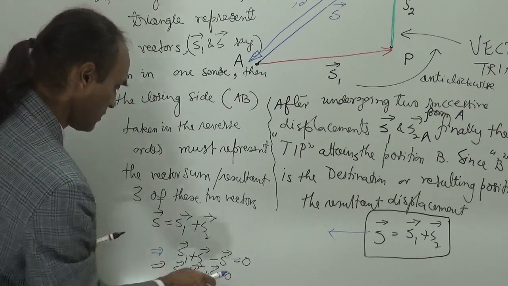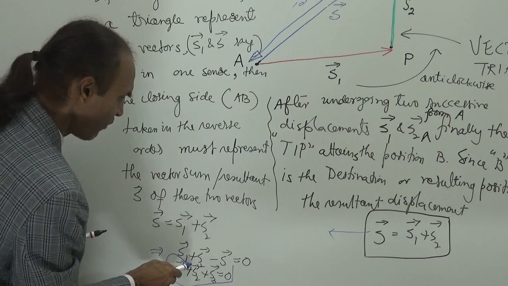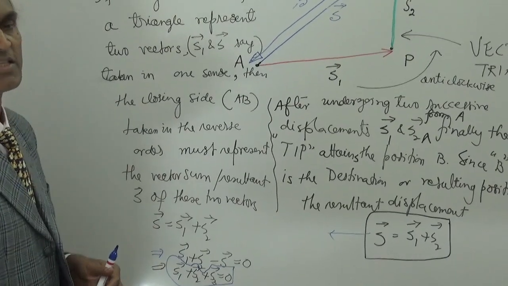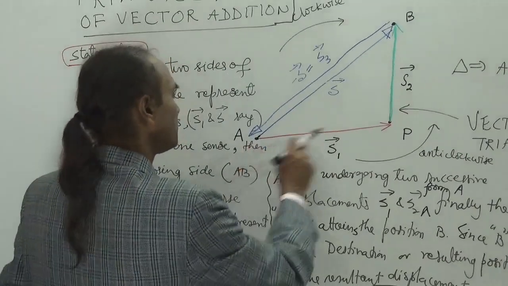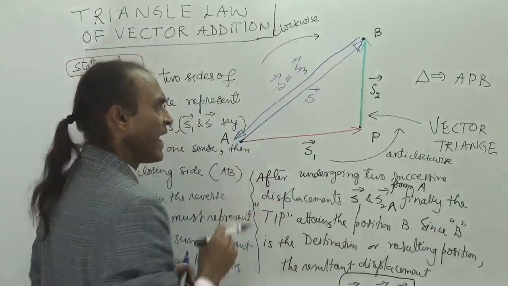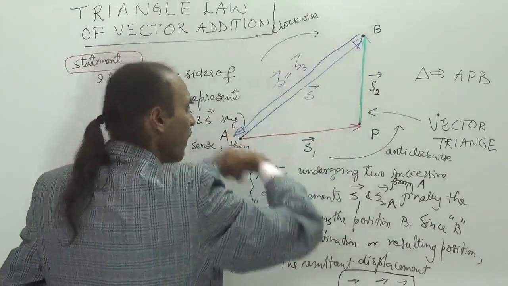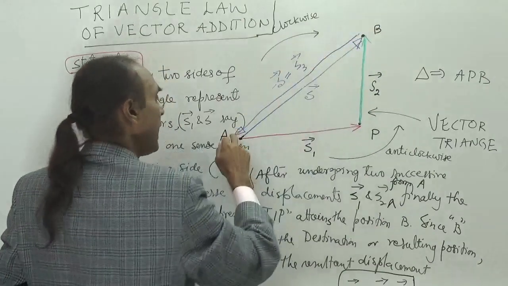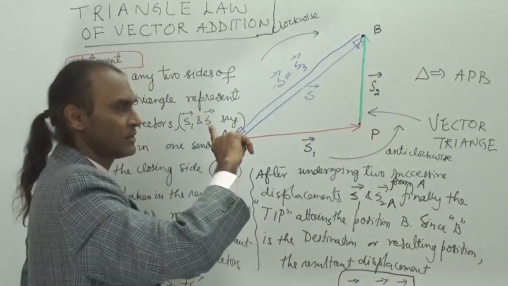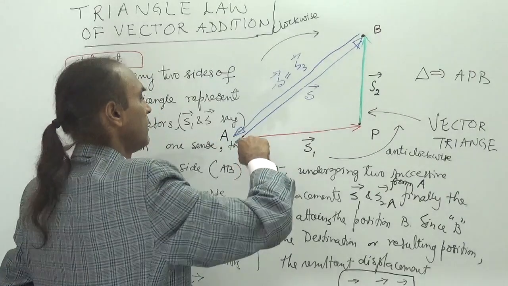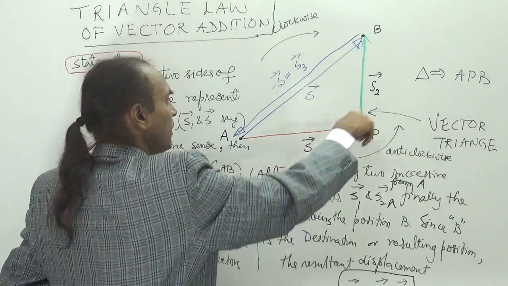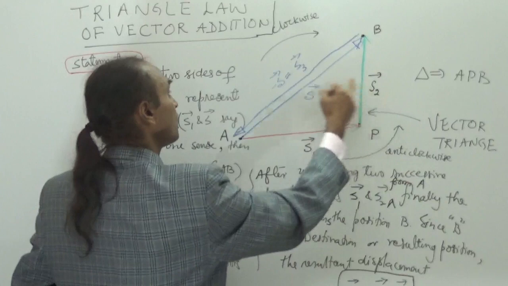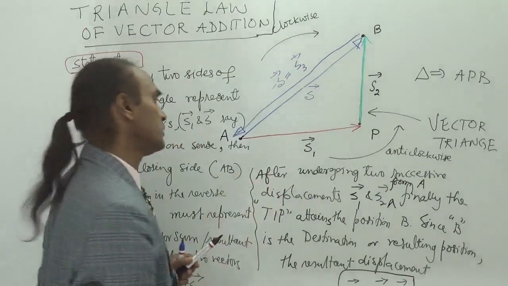This is another form of triangle law of vectors, which tells that if the sides of a triangle are taken in one sense, we are taking the sides AP, PB and BA, in anti-clockwise sense, then the sum of these three sides, when they represent these vectors S1, S2 and S3, must be equal to 0.